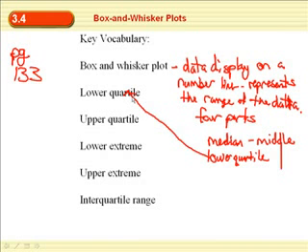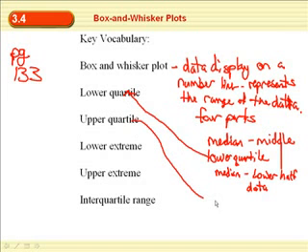Okay, the lower quartile is the median of the lower half of the data. The upper quartile is the median of the upper half.